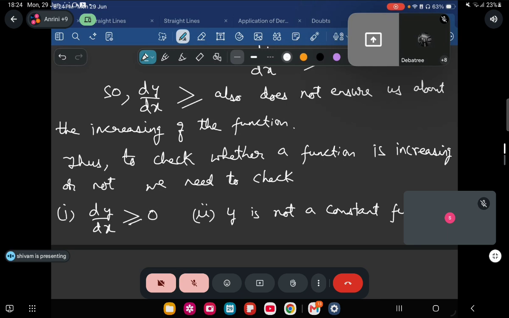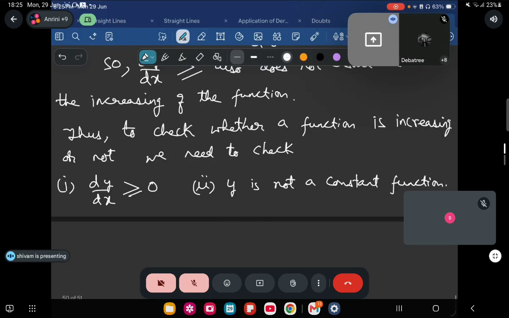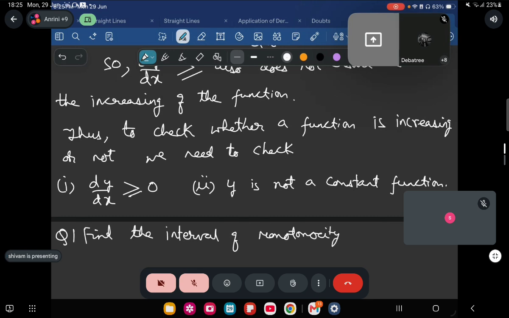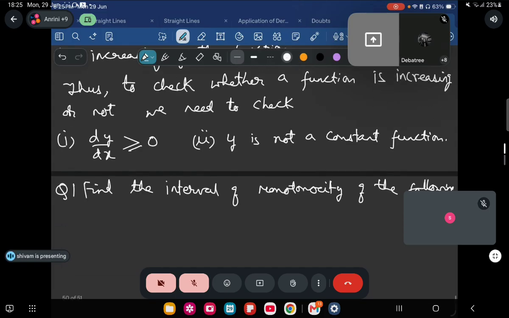Question number one. Let us start. Find the interval of monotonicity of the following functions.